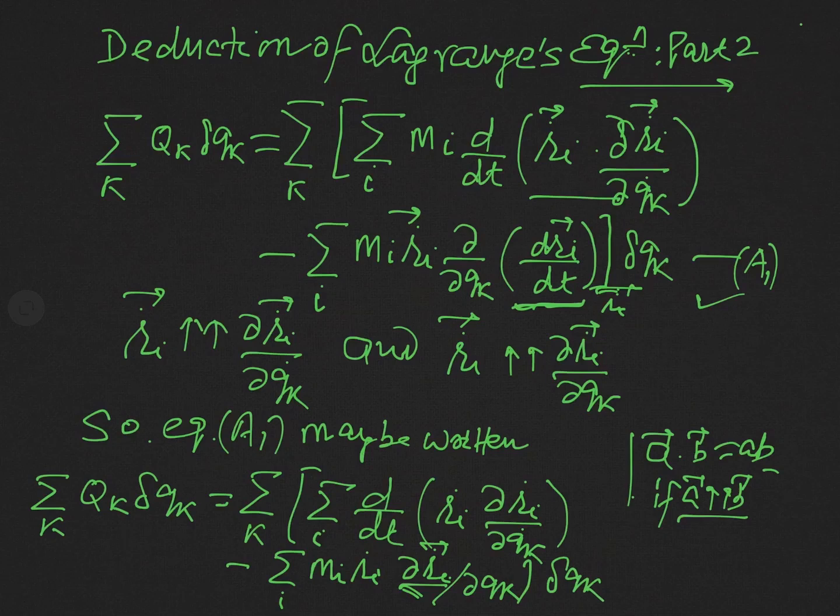I have just used the concept of a scalar product of two vectors. If the two vectors are parallel, that is, the angle between them is 0, then the scalar product of a and b is simply the product of the moduli of a and b. In the light of this result, we have simplified this.